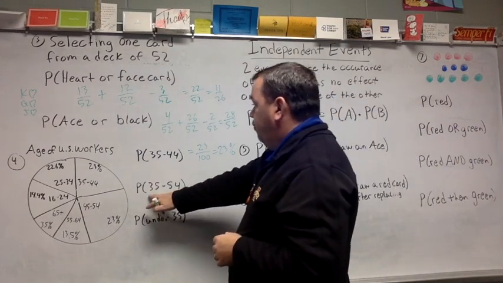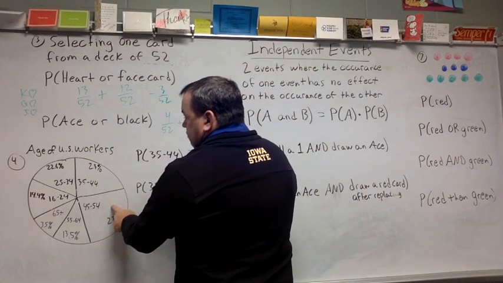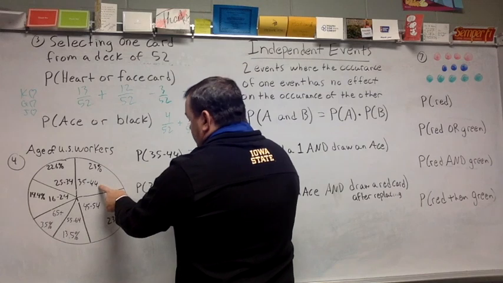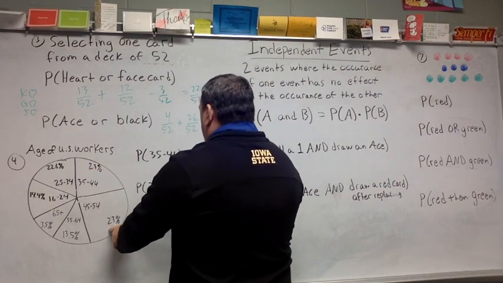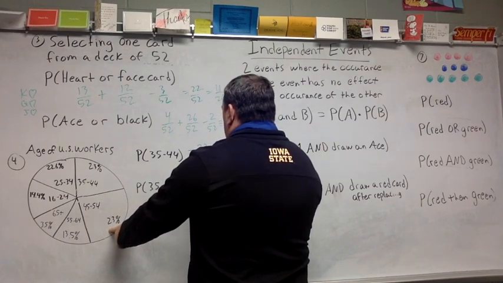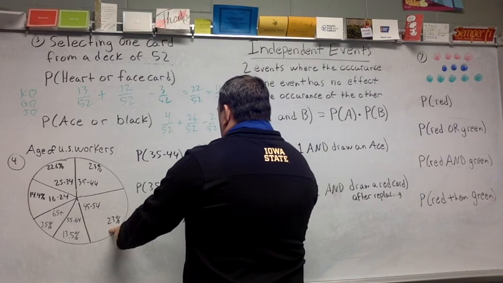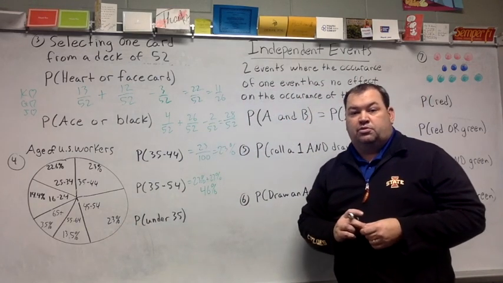If I look from 35 to 54, I have these two. Here's 35 to 44, here's 45 to 54. I need to add those up. 23% plus another 23%. There is a 46% chance that I select somebody from those two groups.